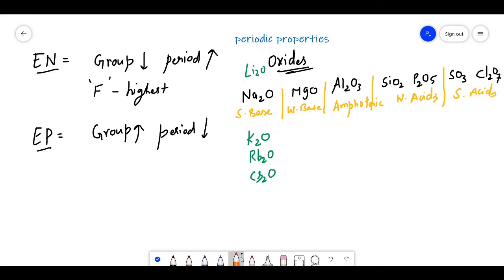So based on this, in a group, we can write what is happening to acidic nature and basic nature. In a group, that means top to bottom, remember the acidic nature will decrease and the basic nature will increase.